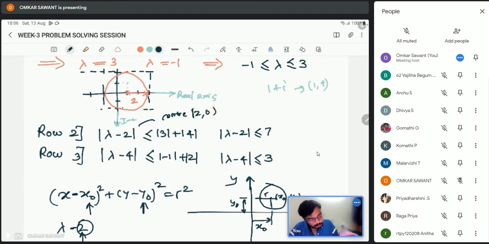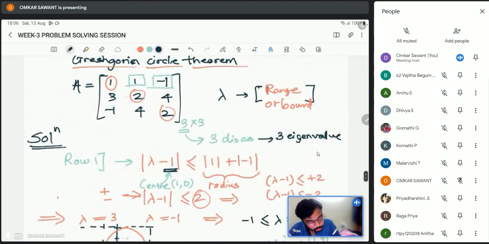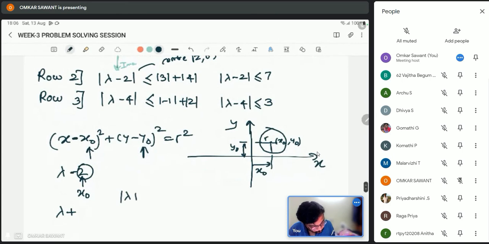Now suppose the value of this 2 was supposed to be minus 2. So what would it have been? Lambda plus 2, right? So in this case, what would have been the center? It would be minus 2 comma 0, right? Are you following?